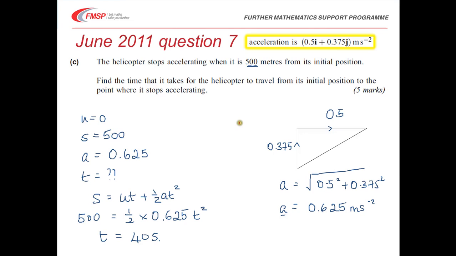And then for part C, you get a method mark and an accuracy mark here for finding the magnitude of the acceleration, and then dependent on this method mark you'll get another method mark here for using s equals ut plus a half at squared, and substituting in that correctly will give us an accuracy mark, and then another accuracy mark for finding 40 seconds.